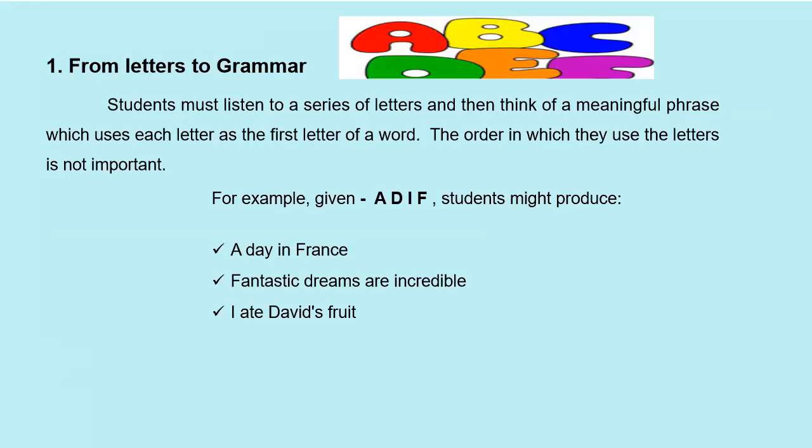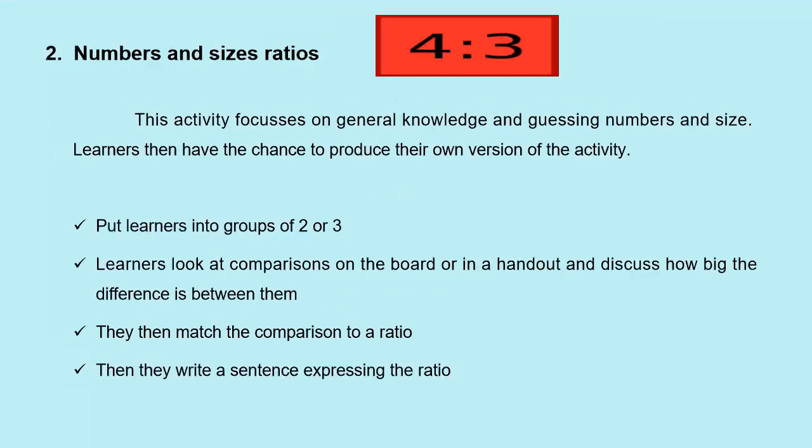The order in which they use the letters is not important. For example, given ADIF, students might produce: a day in France, fantastic dreams are incredible, I ate David's fruit. Students think of vocabulary first and then the grammar they need to make a phrase. So it becomes easier for students as they do more examples.